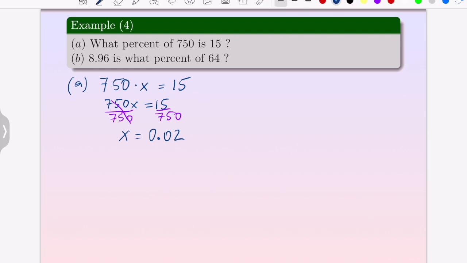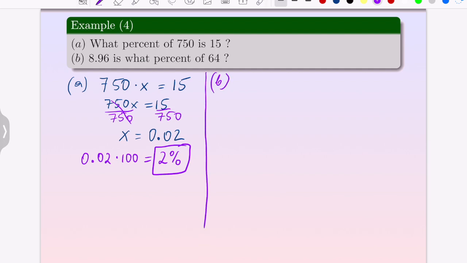So we have 0.02, we multiply times 100, and we get that this is 2%. 0.02 is 2%. And you can even do a shortcut if you prefer: if you have 15 is what percentage of 750, you would divide 15 divided by 750. That's showing right here.